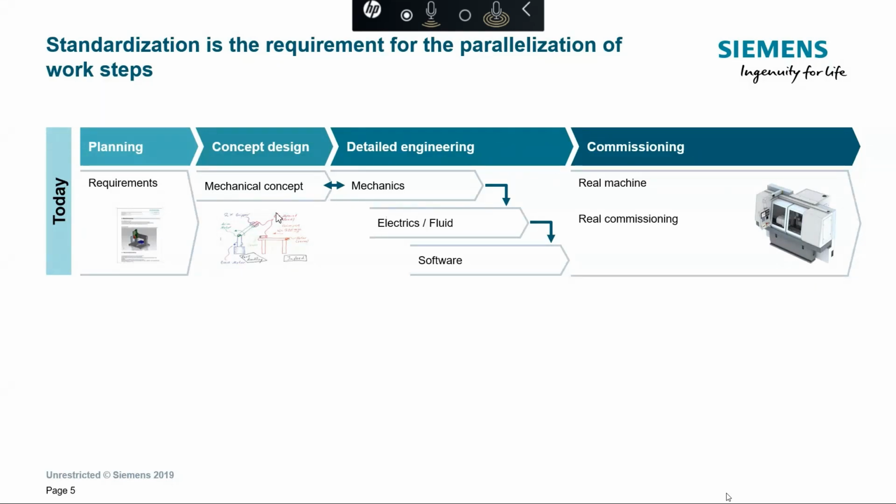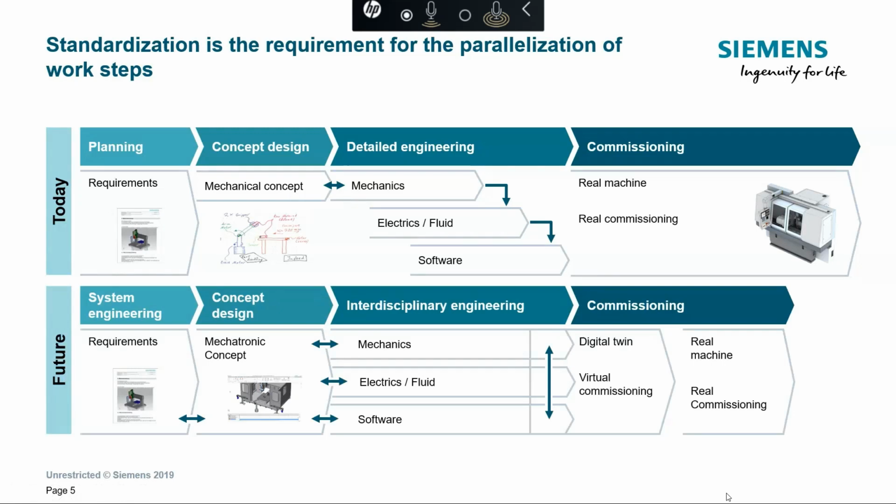So each and every team will have to wait for at least some level of input from the previous team to really continue with their work, if we are doing it without any standards implemented in the system. Whereas with the implementation of a standard concept in your overall process, all the different teams will definitely know that any machine from our company will already have a certain level of mechanical structure, certain electrical standards, and certain standard programming blocks.